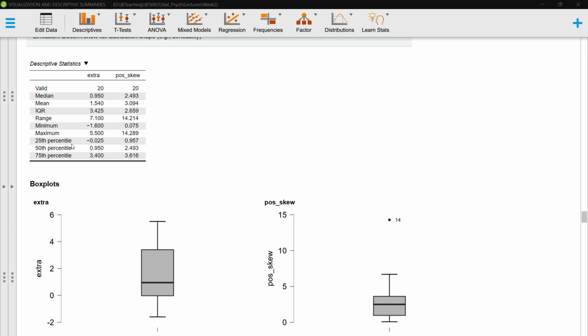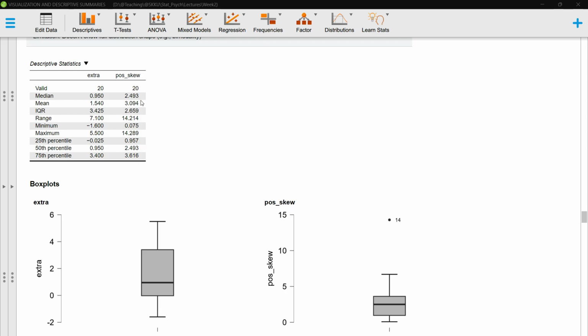Okay, and let's look at the first quartile, the second quartile, and the third quartile. For the extra hours variable, the first, second, and third quartiles are minus 0.025 to 3.4, like this. And these values are exactly represented here in the box: first, second, and third quartile, right?